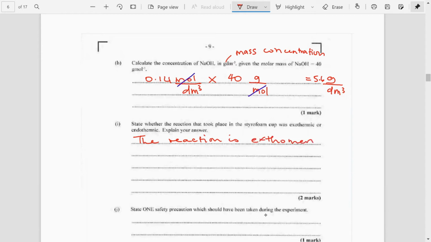Why is it exothermic? It is an exothermic reaction because there's an increase in temperature, as we saw.